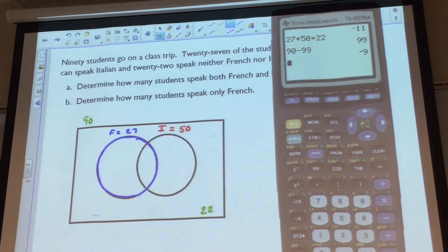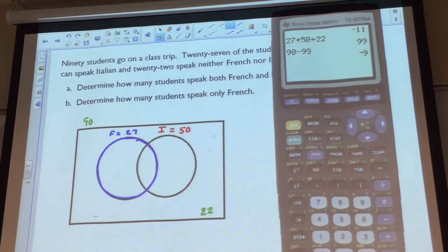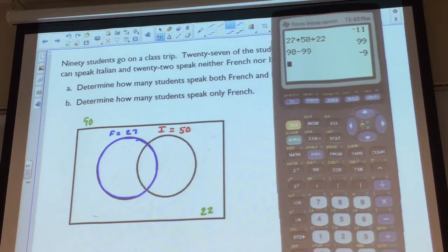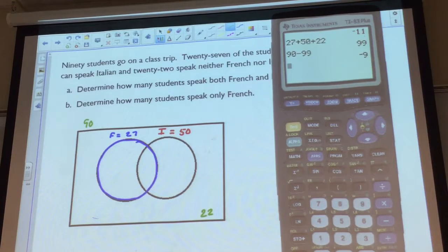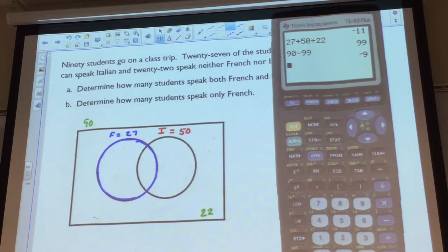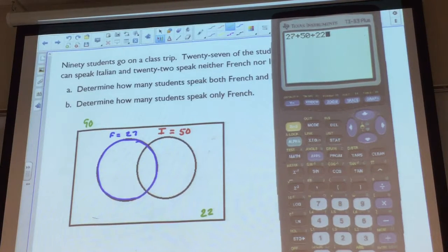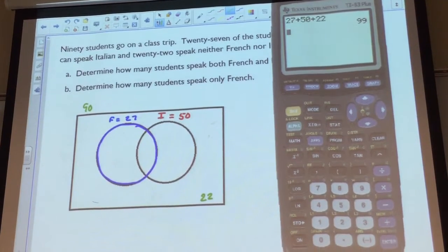The problem with that is the connotation. I don't think I can have a negative 9 people. But when you said that's what's in the middle, I know what you meant, but you've overcounted your problem by 9 people. If you're going to do it that way, what you're really looking at is this part of the problem. This is how many people appear to be involved in this exercise.